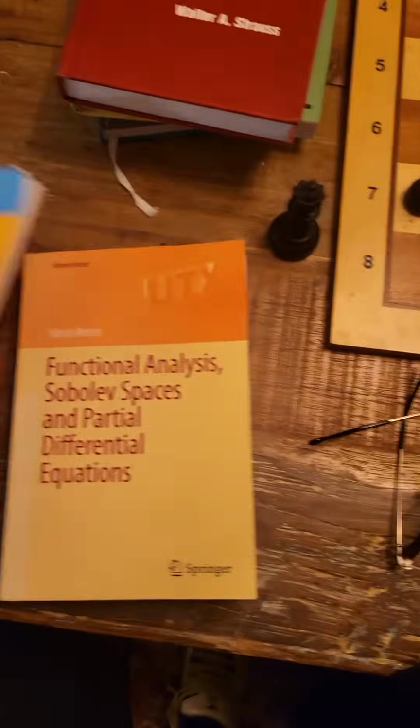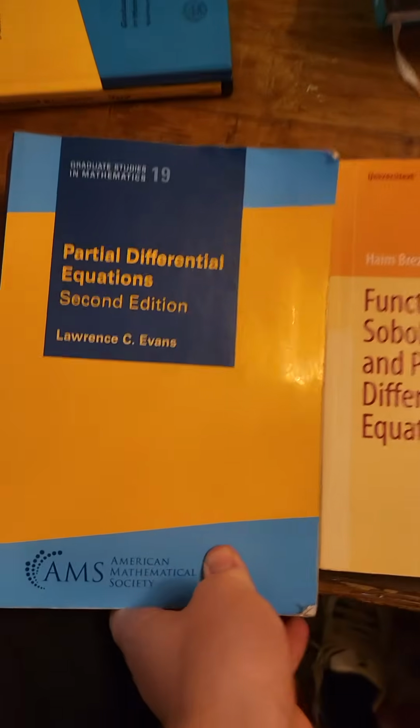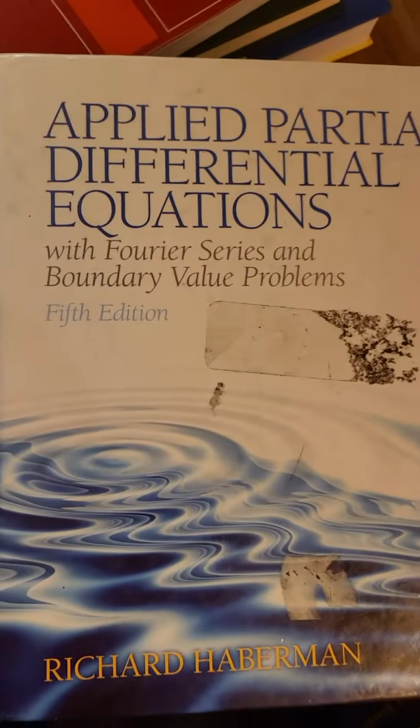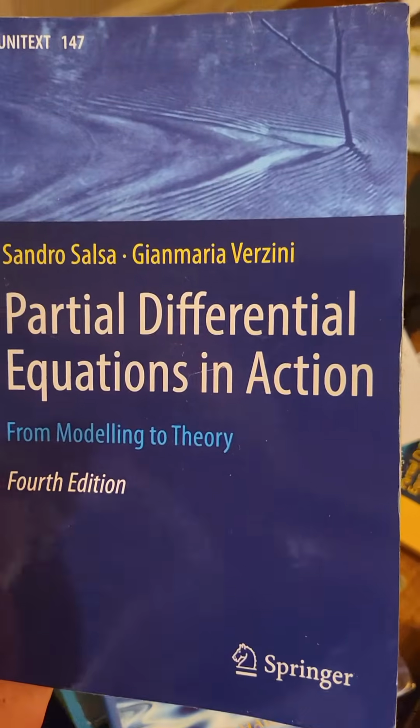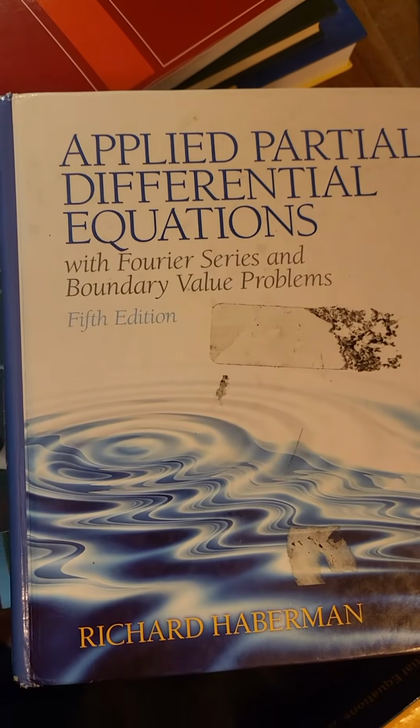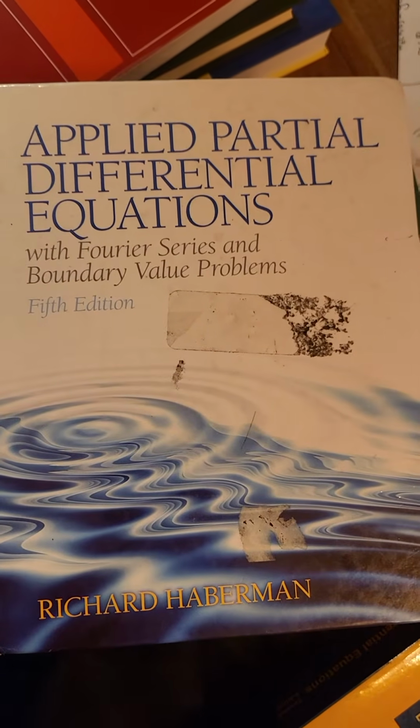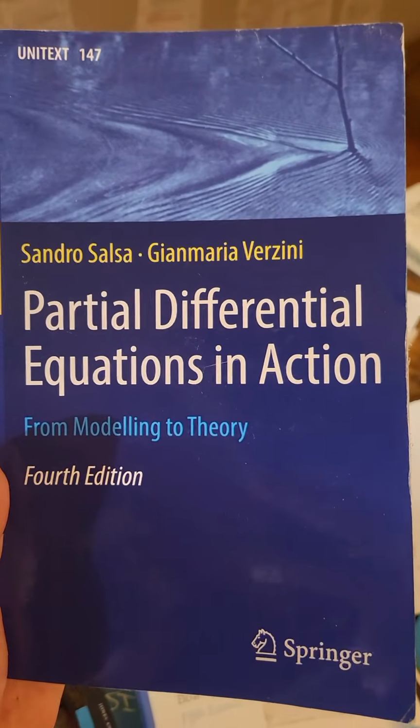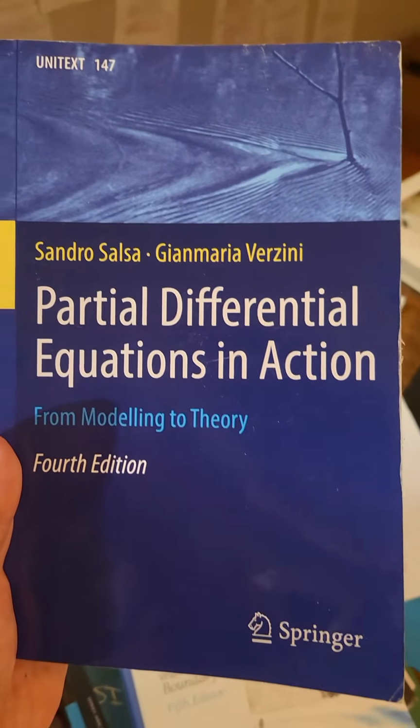But anyways, these two are the ultimate recommendation. These are what you want to end up reading. And then the path to get there, I would recommend first Haberman, and then for those who are more ambitious, or maybe you've already covered Haberman. Honestly, even if you're ambitious, cover Haberman. It's literally super good. Then talk to Salsa Verzini and look at PDEs in action.